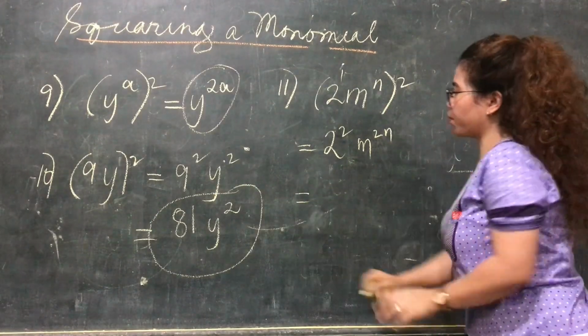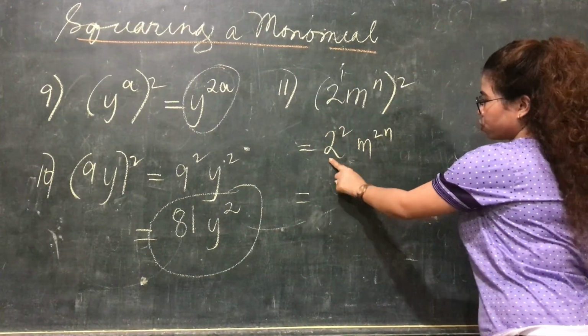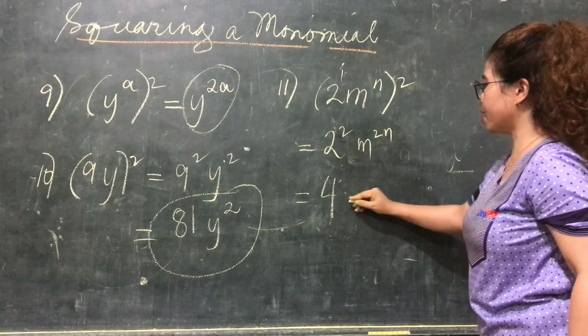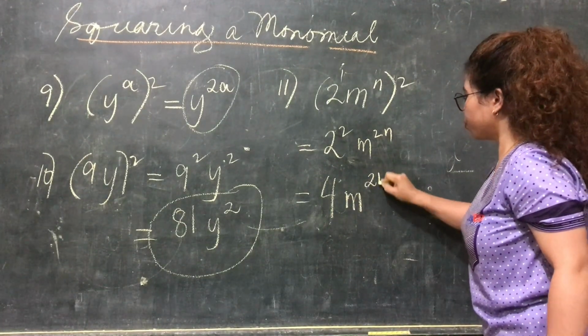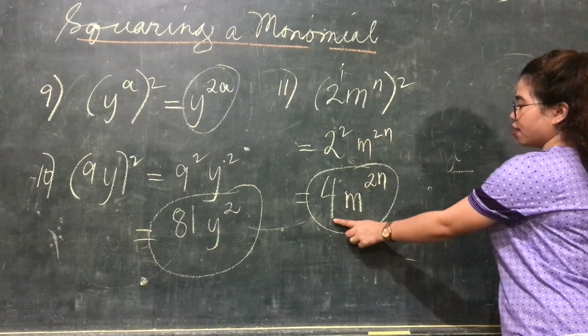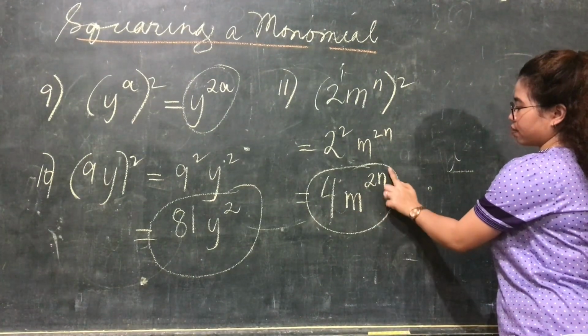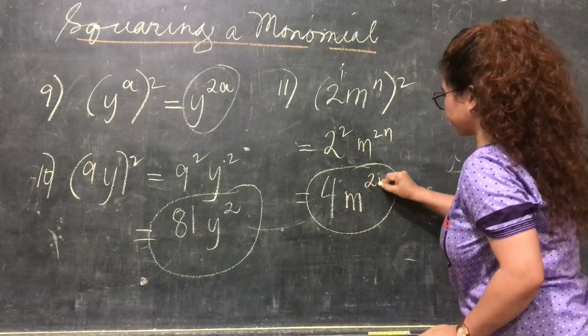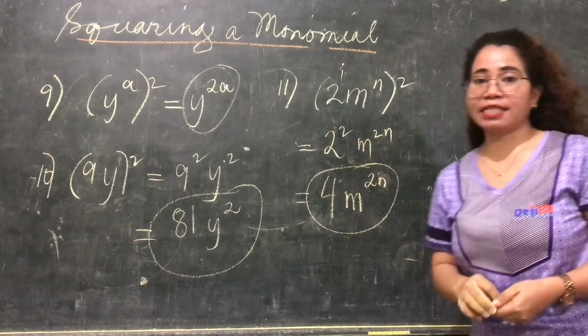Simplify pa gina 2. 2 times 2, you have 4. Copy 2n. So, that's the answer: 4m to the power of 2n. So, that's it. Thank you.